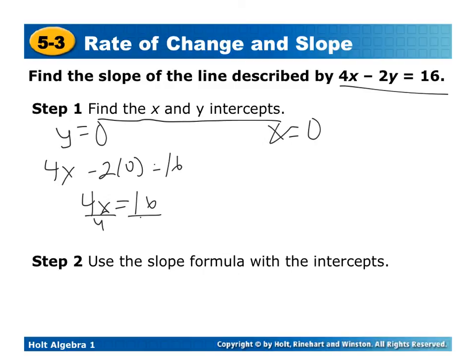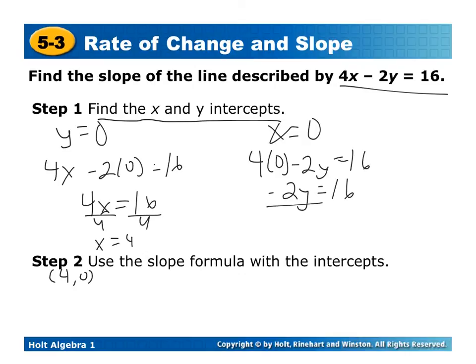Divide by 4. x will equal 4. So my ordered pair would be 4, 0. Same thing: 4 times 0 minus 2y equals 16, negative 2y equals 16, divide by -2, y is equal to -8, so my other point would be 0, -8.